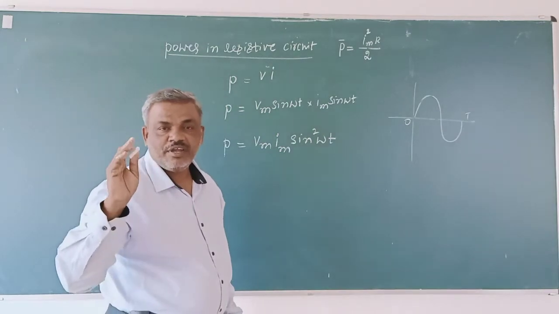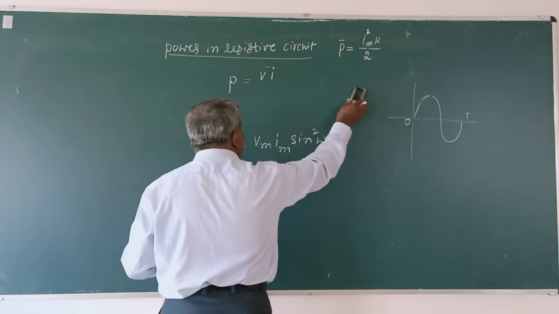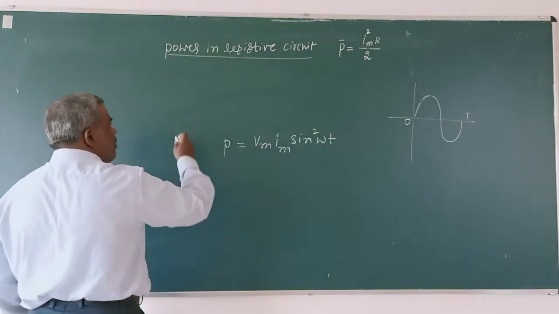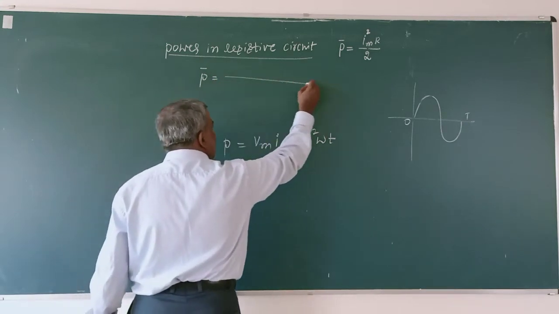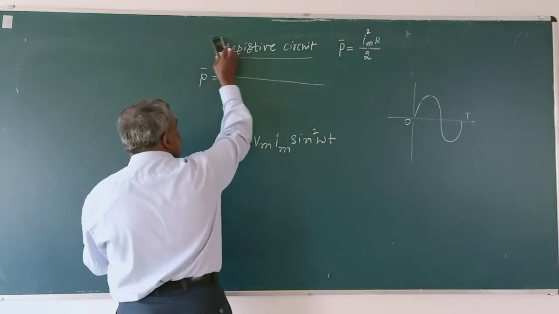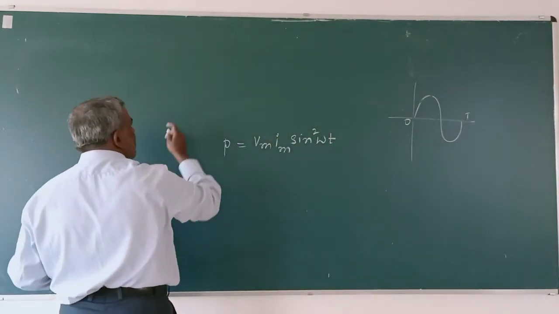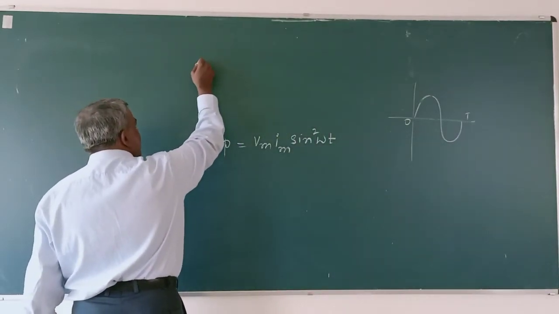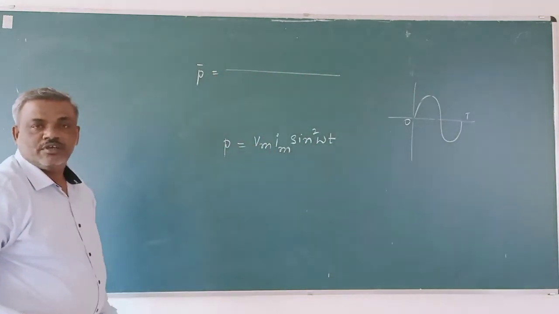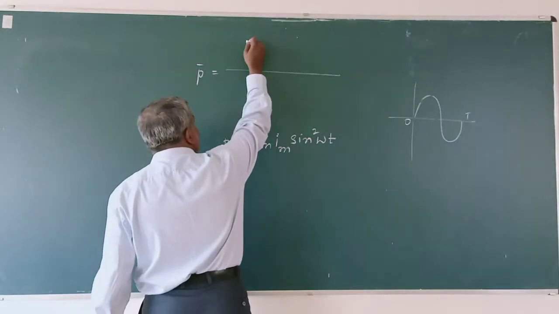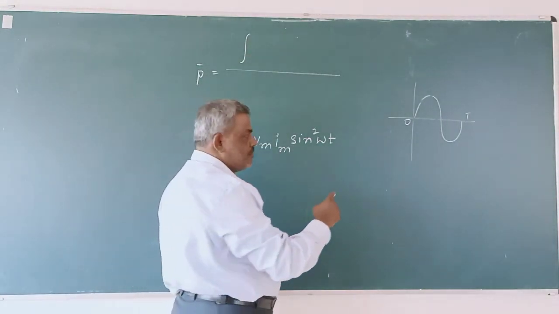Now applying integral calculus, the average power P bar equals integration. In the numerator take the integral. The average power is taken from where to where?